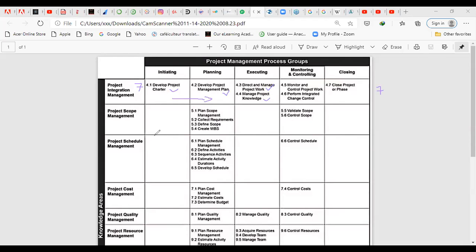Then we come to scope management. At the initiating phase, we don't do scope management. Scope management starts from the planning phase, so we plan scope management.